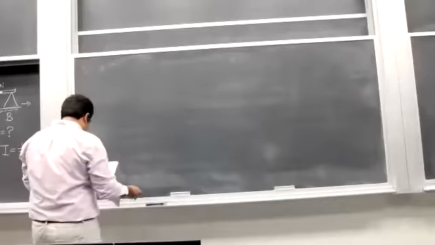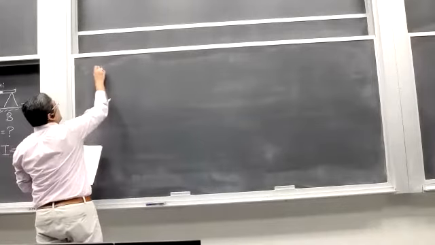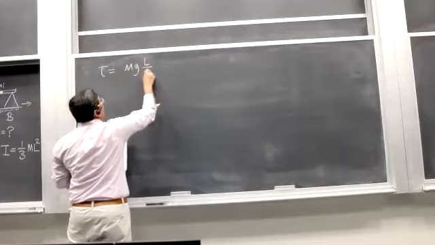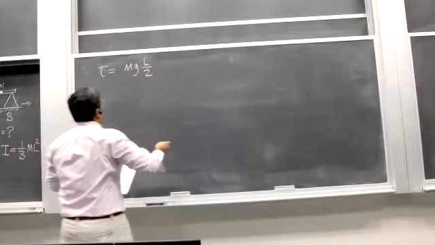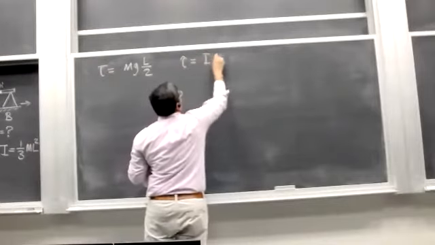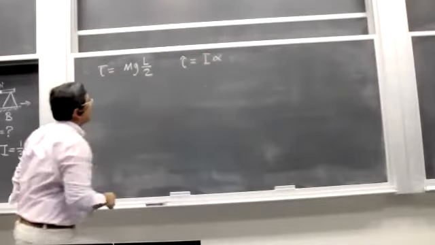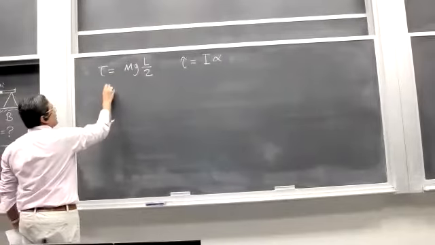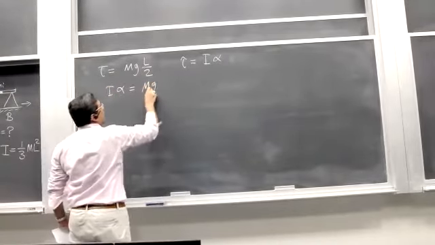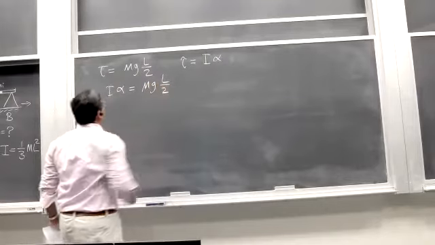Now that means we figured out the torque, which is nothing but mg L by 2. And we also know that torque is equal to I alpha. So we equate these two equations, and on this side we have I alpha equals mg L by 2.